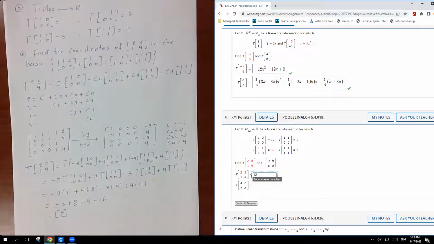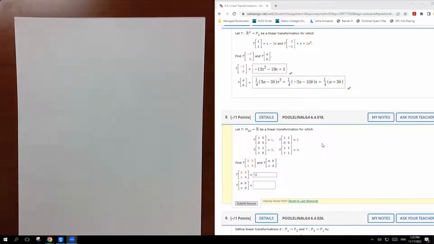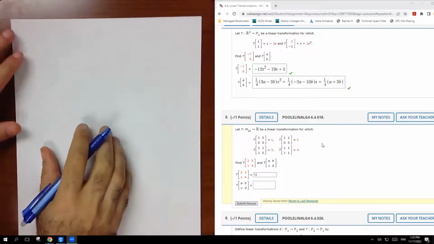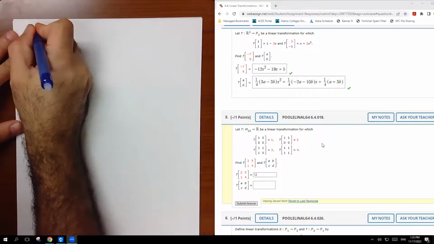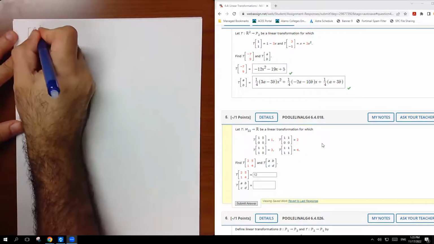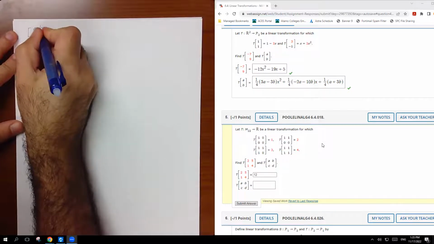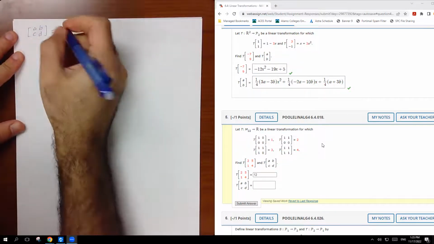Let's keep going on the second part. We're going to do the same steps, but we have to find the transformation of A, B, C, D. So we're going to do the same steps that we did before, but now with the matrix A, B, C, D. Find the coordinates with the bases.